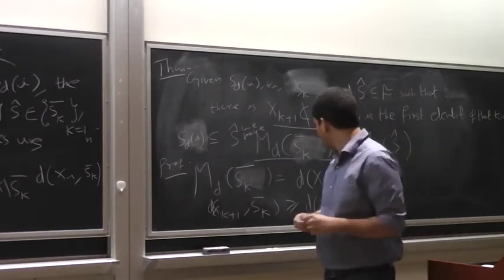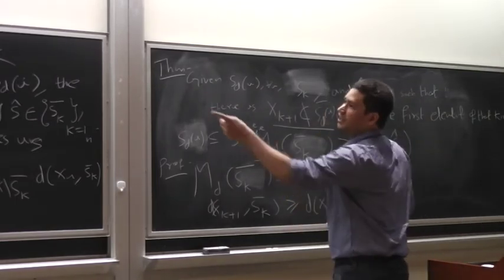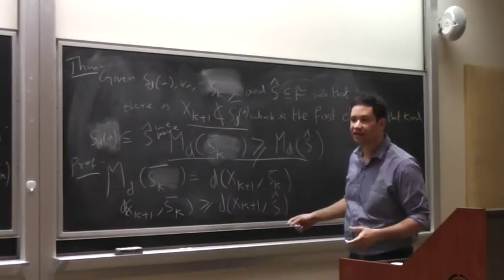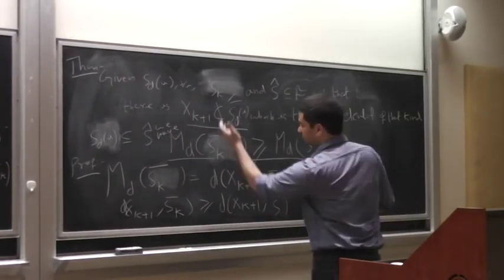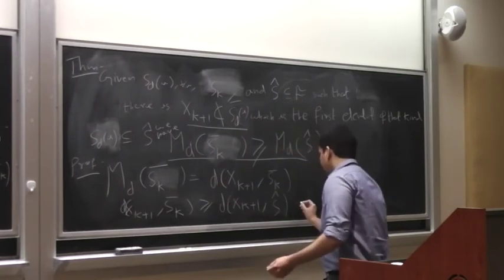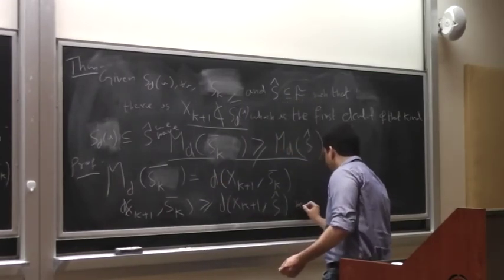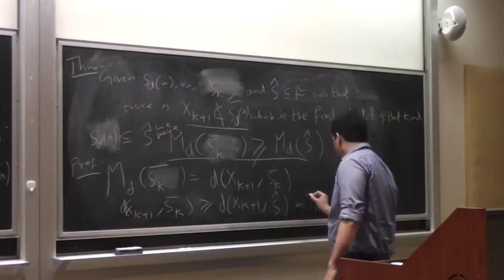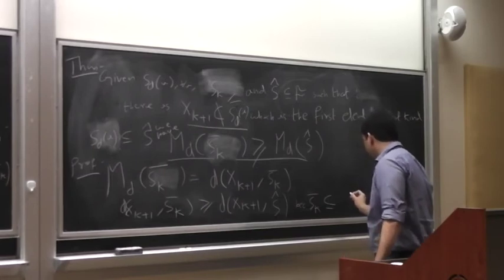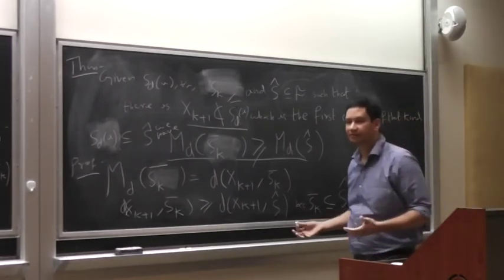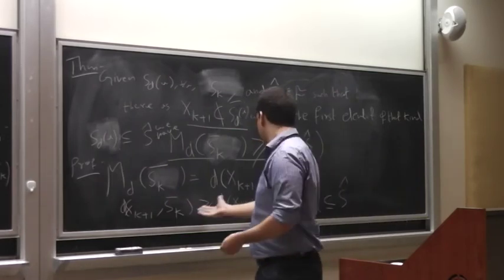Why is that so? That's because of the monotonicity condition of d. The way d is defined, d is a monotonic linkage function, and since S_k bar is contained in S hat, by the definition of a monotonic linkage function, you have this.